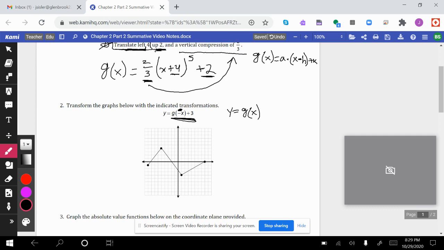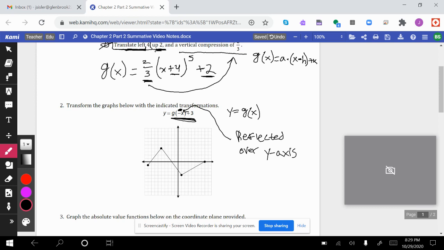When we have a negative inside of the parenthetical there, that's an indication to us that we're reflecting this over the y-axis. So our new graph is going to be reflected over the y-axis.